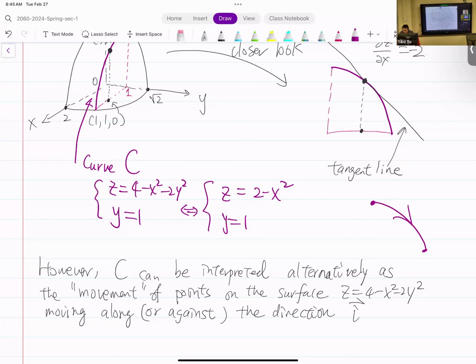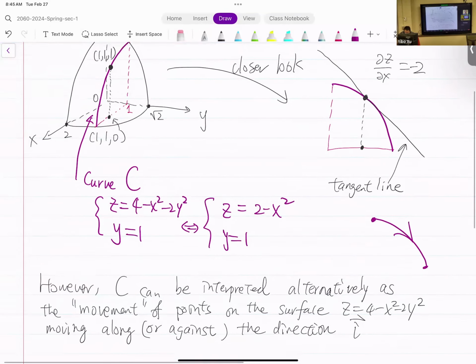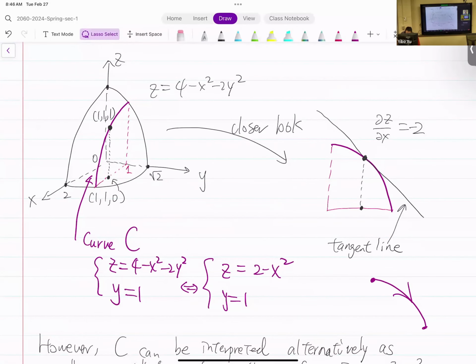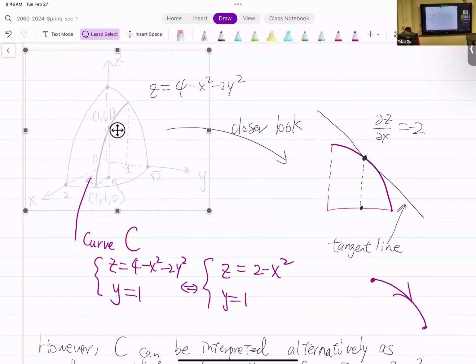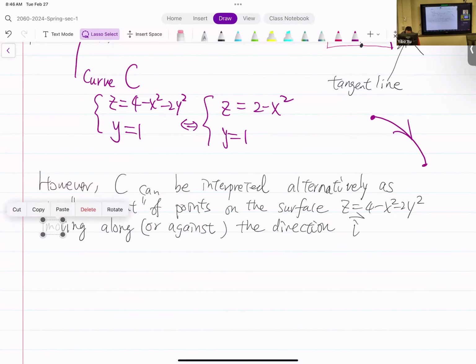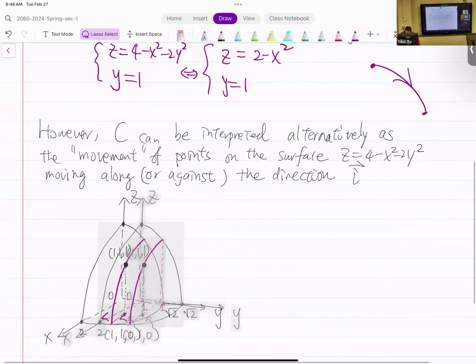But here we're saying it will be essentially the same idea if we are just trying to move within the xy plane from the black point only along the x direction. Okay.